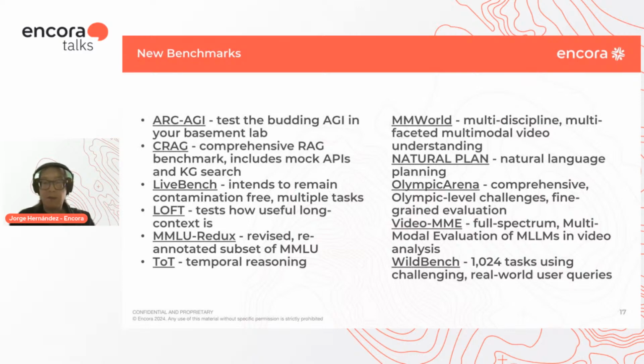If you plan to give it really hard questions, Olympic Arena, that's Olympic level mathematics and physics Olympiad level questions. And WildBench is, I think, one of the ones that for real use cases is the best. They actually took 1,024 tasks using different challenging real world user queries. These are examples of what people actually ask these models to do.